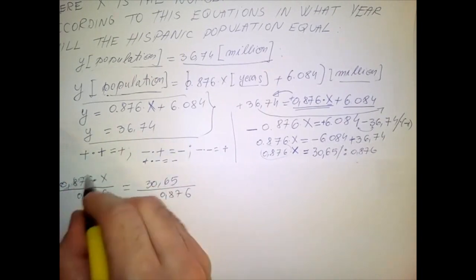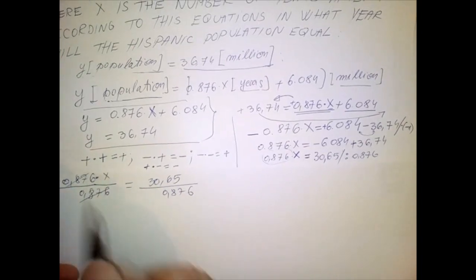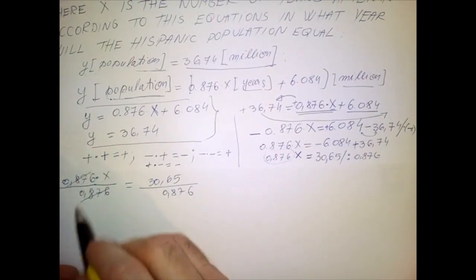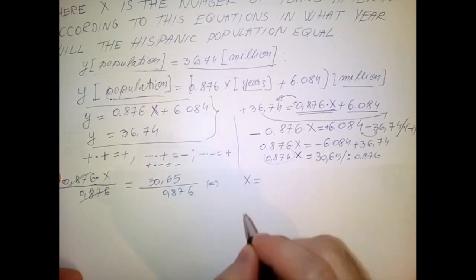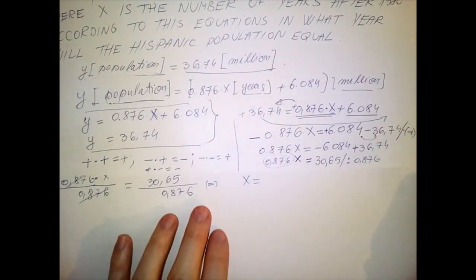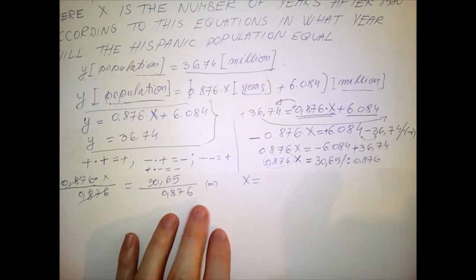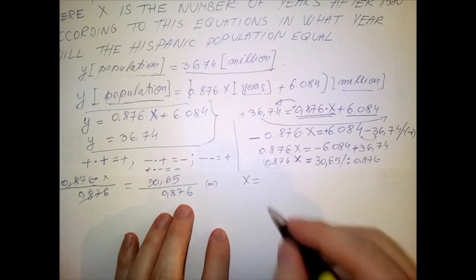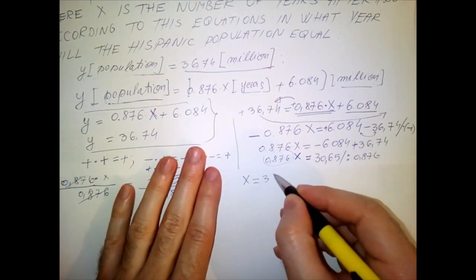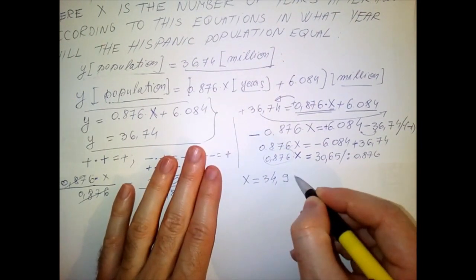When we have the same number, it means it's 1, because when this is divided by this, what will be the number? It's 34.99.